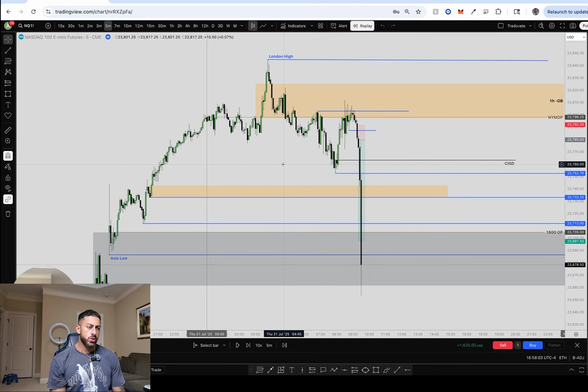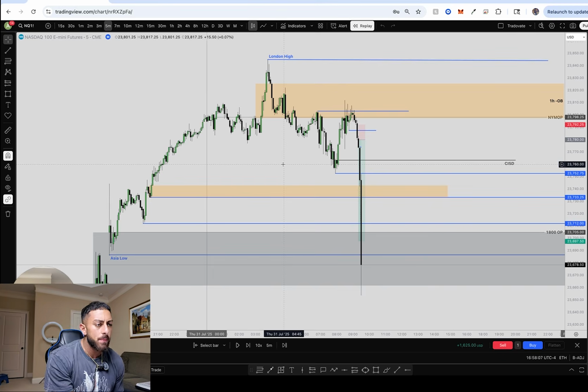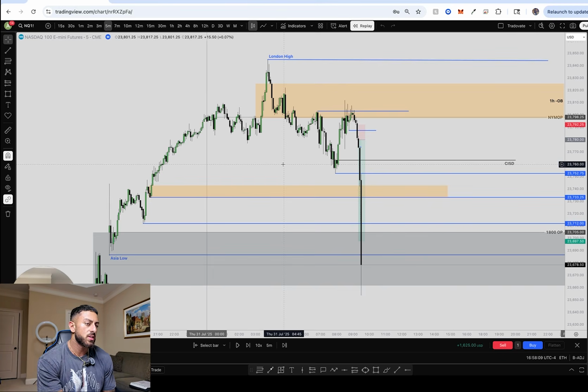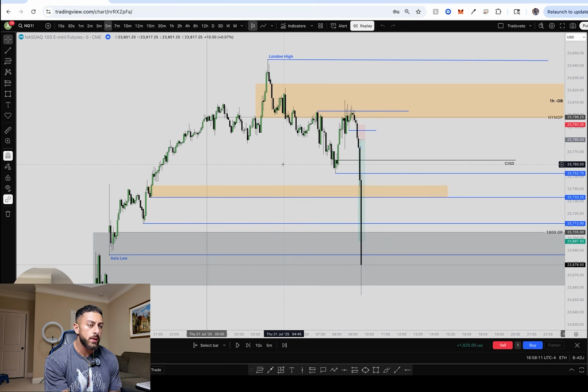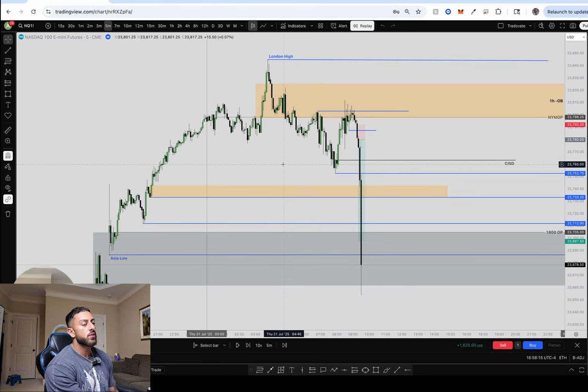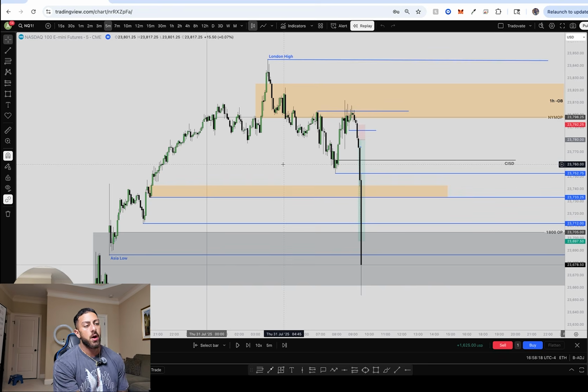Yes, of course. Ideally, you don't want to see price come back into the same PD array more than 2 times. If it does, it's fine. It can happen, but ideally it should take 2 times for it to push away from it. Otherwise, it's likely going to get disrespected.